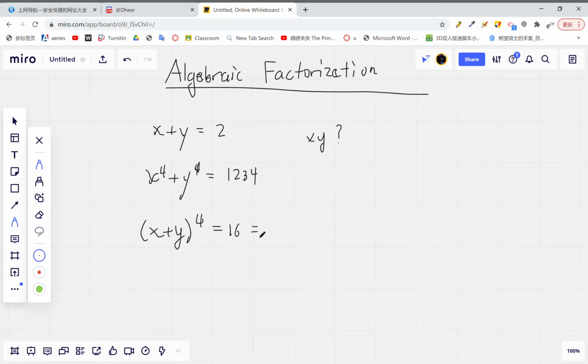And this, by the binomial theorem, is equal to x to the fourth plus 4 choose 1 times x cubed times y plus 6, because 4 choose 2 is 6, times x squared times y squared plus 4 times x times y cubed and plus y to the fourth power.